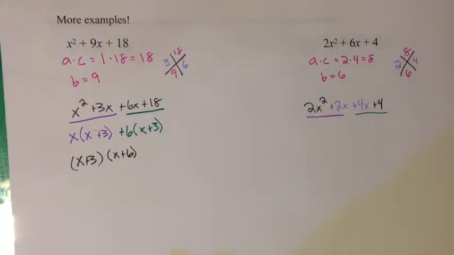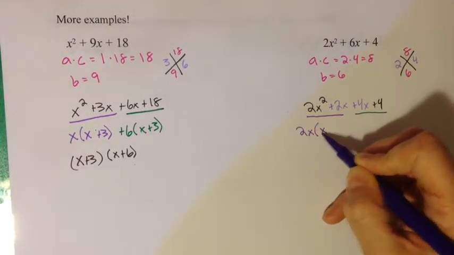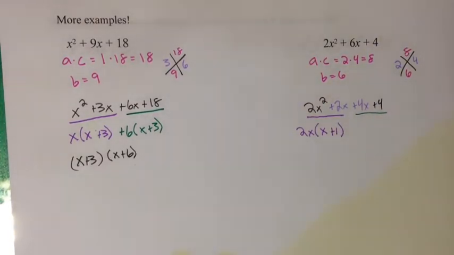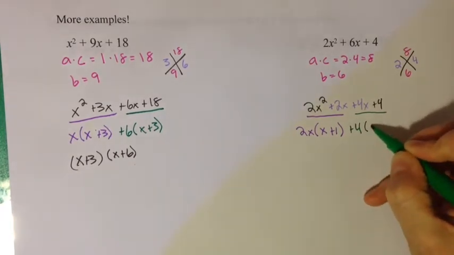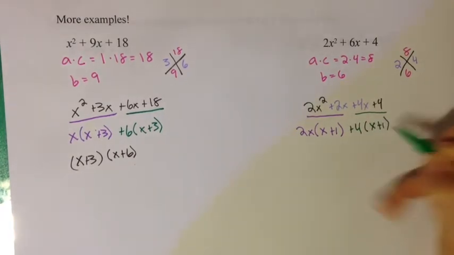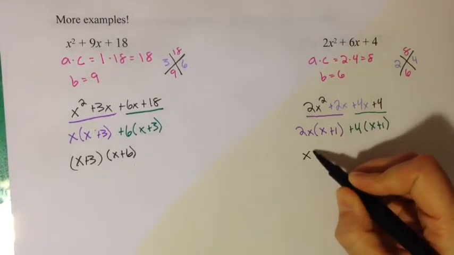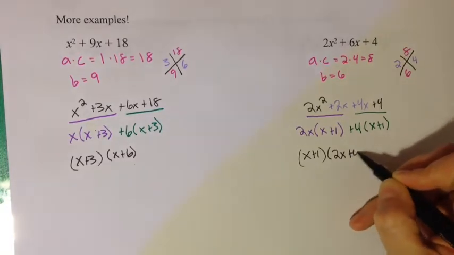From my first two terms, I can factor out a 2x, which leaves behind an x and a 1. Don't forget that nice placeholder 1. And from my last two terms, I can factor out a 4, which again leaves behind an x plus 1. And finally, I can pull out that x plus 1, leaving behind a 2x and a 4.